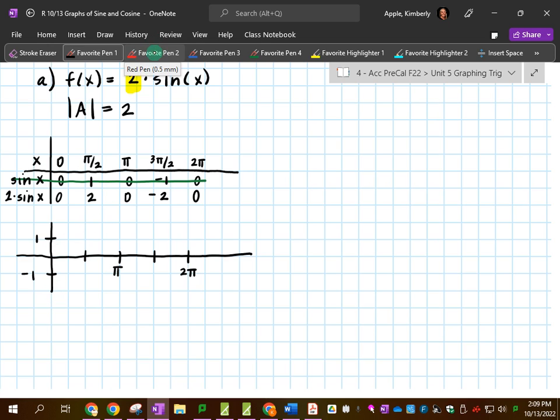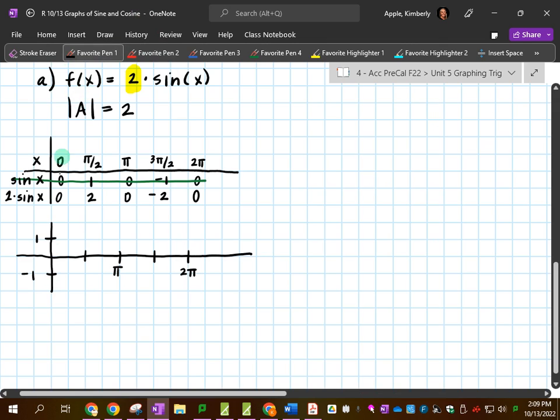All right, so let's graph original sine, because I asked you to show me the change. I'm going to make little x's in red for the original, so that'd be 0, 1, 0, -1, 0. I'm just going to show you original sine with a dotted line so we can see the difference.